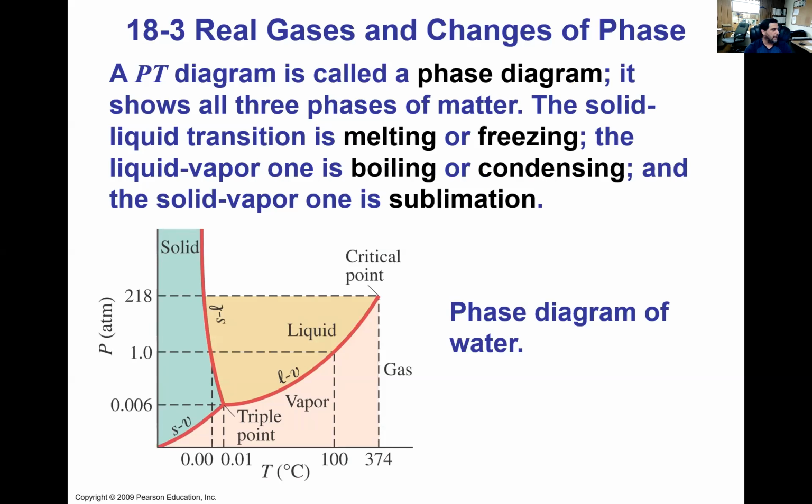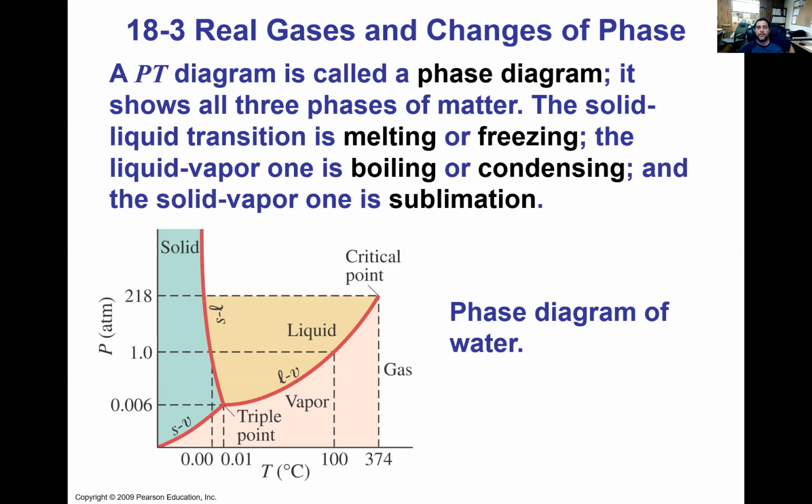The solid liquid transition is the melting point, or going the other direction, it's the freezing point. Liquid vapor is the boiling point, or going the other direction, it's condensing. And solid to vapor, jumping from one to the other, that's called sublimation.